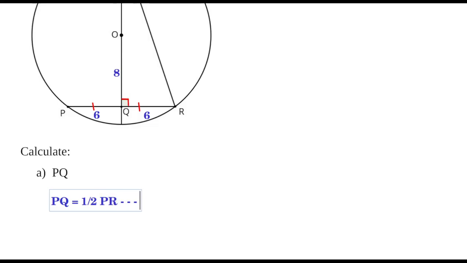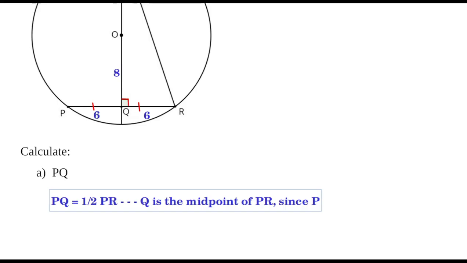The reason is Q is the midpoint of PR, since PR is perpendicular to the chord.